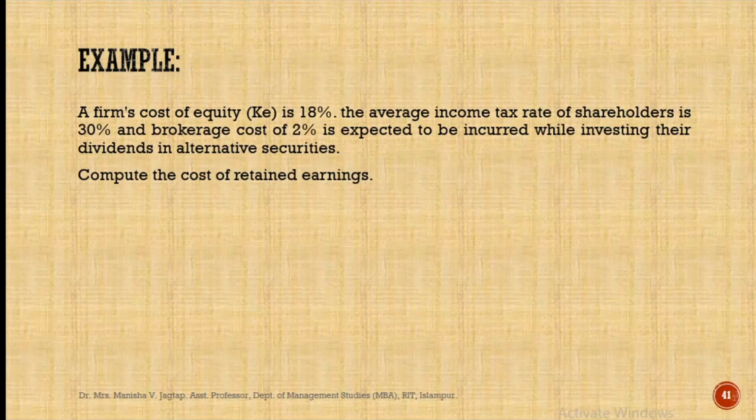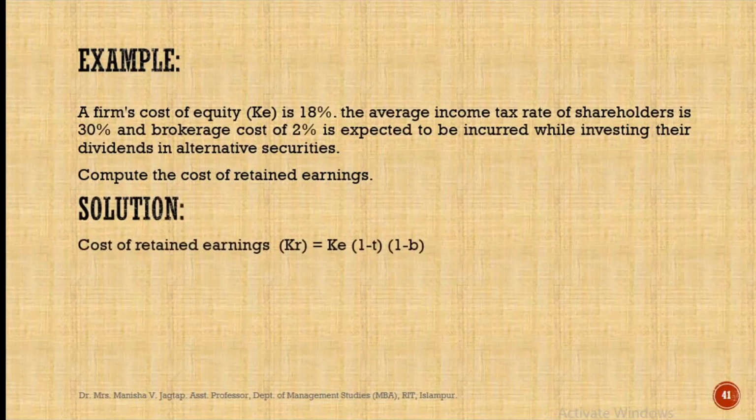All the information required to calculate the cost of retained earnings is given, and now by applying the formula we will calculate it. KE, that is cost of equity, is given as 18%, so it is 18. Then 1 minus T, that is tax rate, is given as 30%.